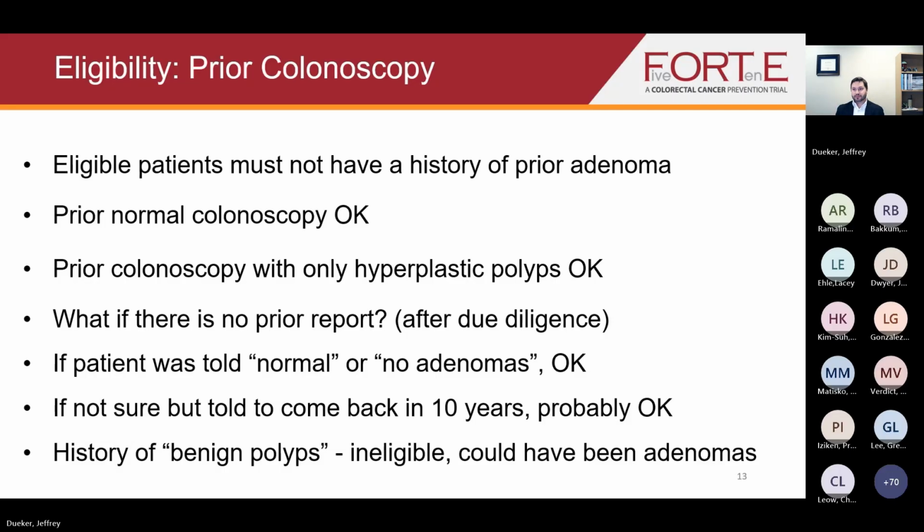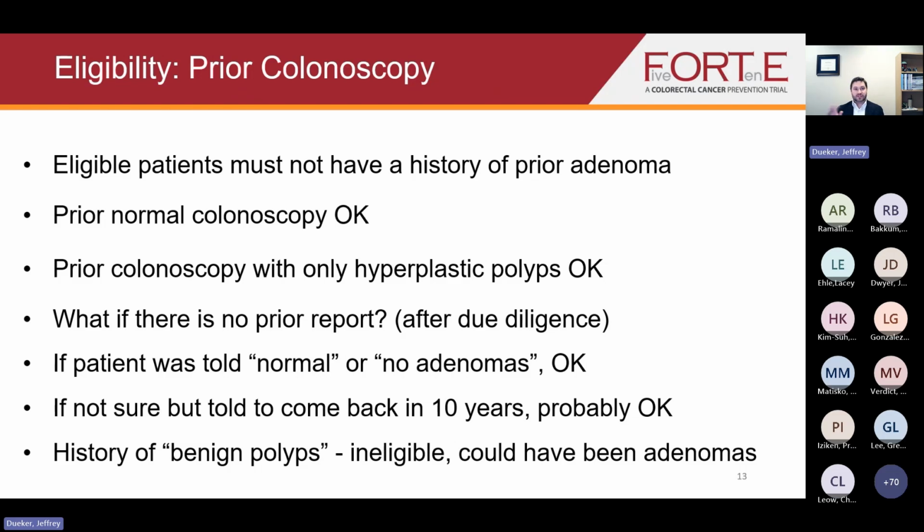Now, remember too, a prior colonoscopy with only hyperplastic polyps is okay. So that same example, you're 45, colonoscopy, either the endoscopist says it looks like there were small hyperplastic polyps in the rectum or sigmoid, I did not remove them, that's okay.